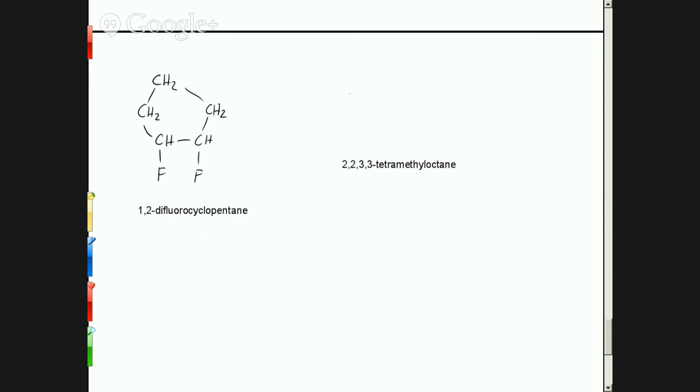And then 2,2,3,3-tetramethyloctane. It's going to look like this. So there's our 2 and 3 with methyl groups. Something like that, right? 1, 2, 3, 4, 5, 6, 7, 8.